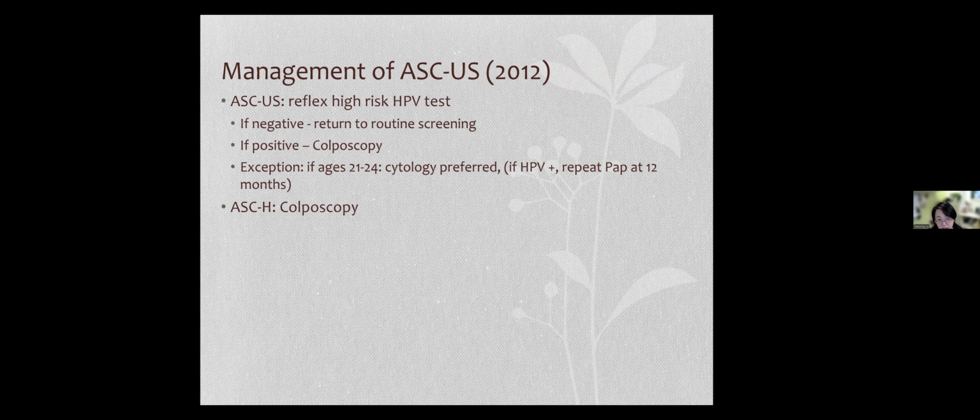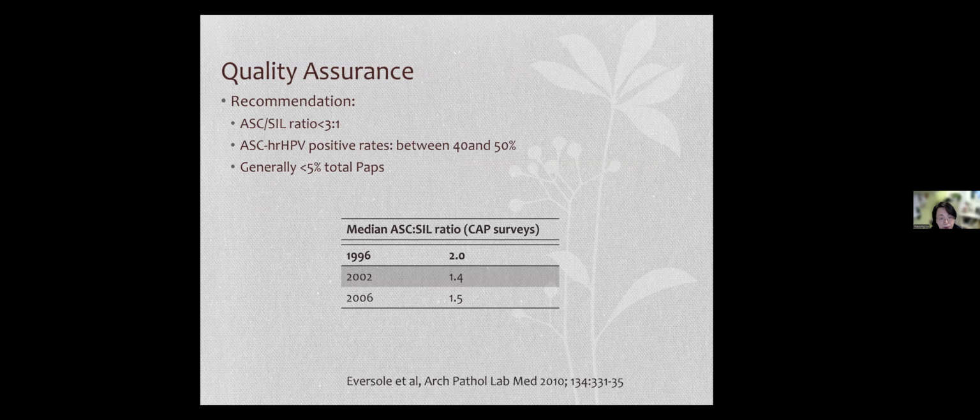One exception is if the patient is really young, then cytology is preferred, and if HPV is positive, repeat at 12 months. If the patient is ASC-H, then just go straight to colposcopy.